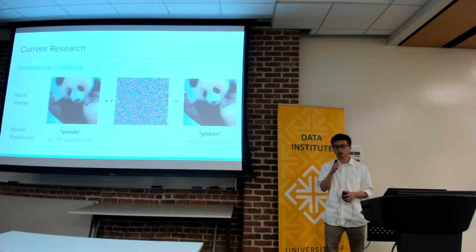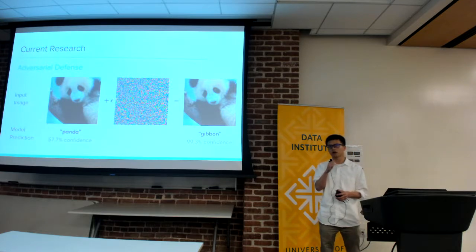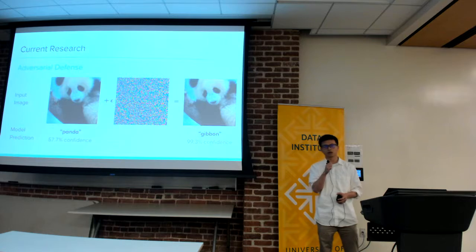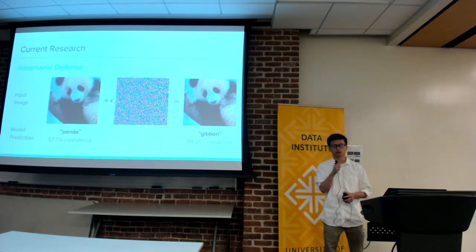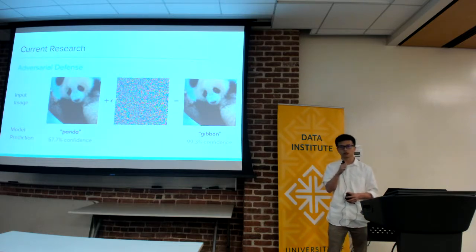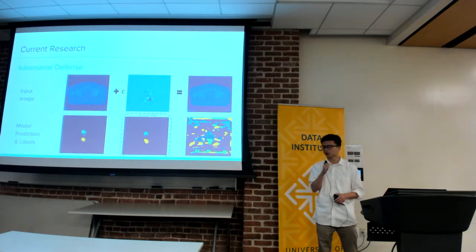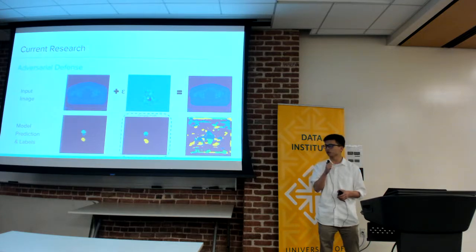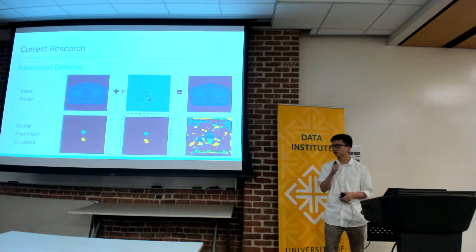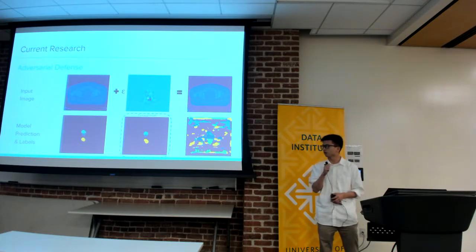The process that generated those noises is called an adversarial attack, while the strategies implemented to make the model more robust to this kind of attack are called adversarial defense. Adversarial attacks could be a huge problem for deep learning models in medical areas, which are super sensitive to accuracy. So we try to solve this problem.